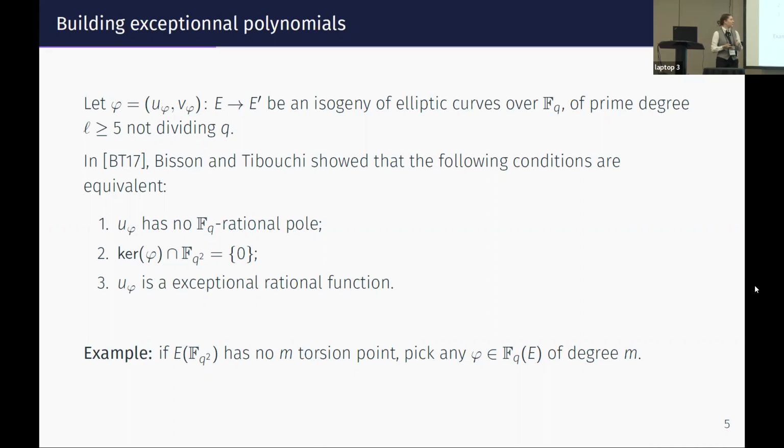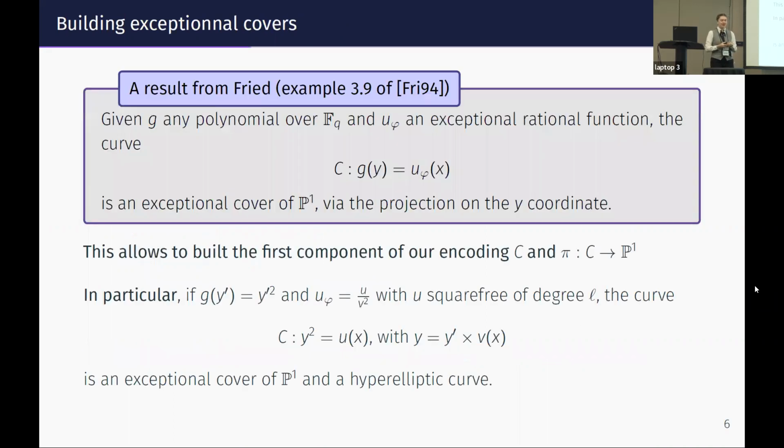So here we have a pretty easy way to build polynomials and rational functions that are exceptional covers, but what we want is a curve that is an exceptional cover of P1. So to do that, we will need another result from Fried, that is the following. If you consider any polynomial G defined over Fq and u_phi that is an exceptional rational function, the curve C defined by this equation is itself an exceptional cover of P1 if you consider the projection on the y coordinate.